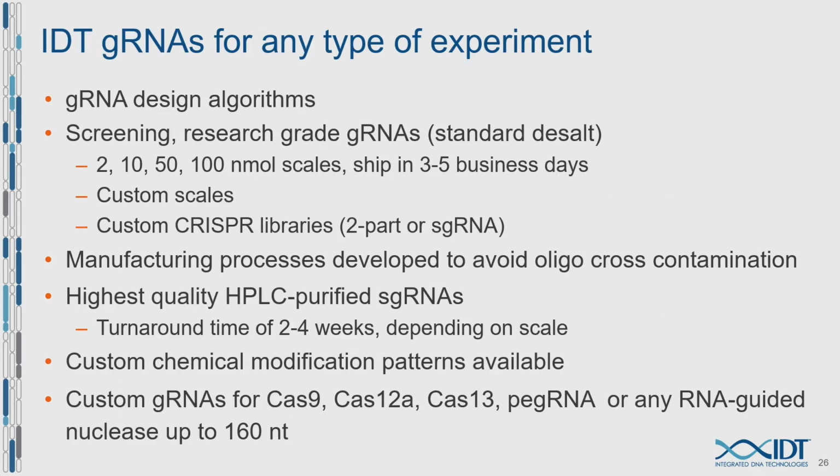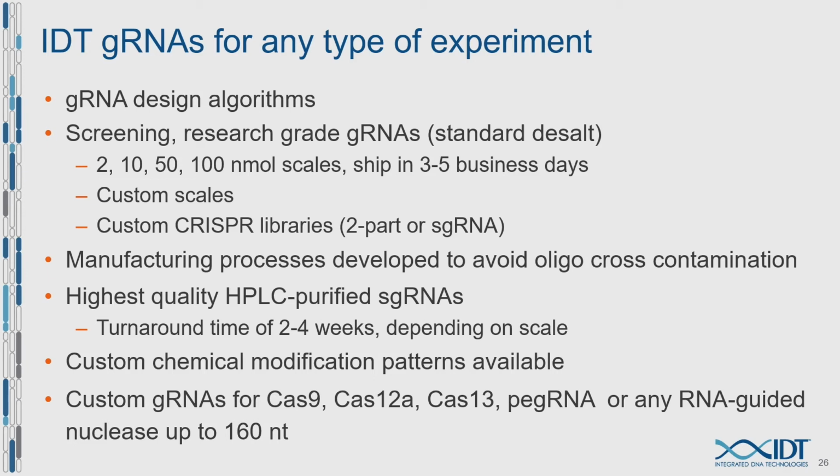So to wrap up the guide RNA portion, I just wanted to get the message across that if you don't see it on our website, we likely have a way to do more unique types of modifications or purifications, so just reach out to us. But for the guide RNA support, we've got algorithms that will support the design. We've got many different scales that will come very quickly.